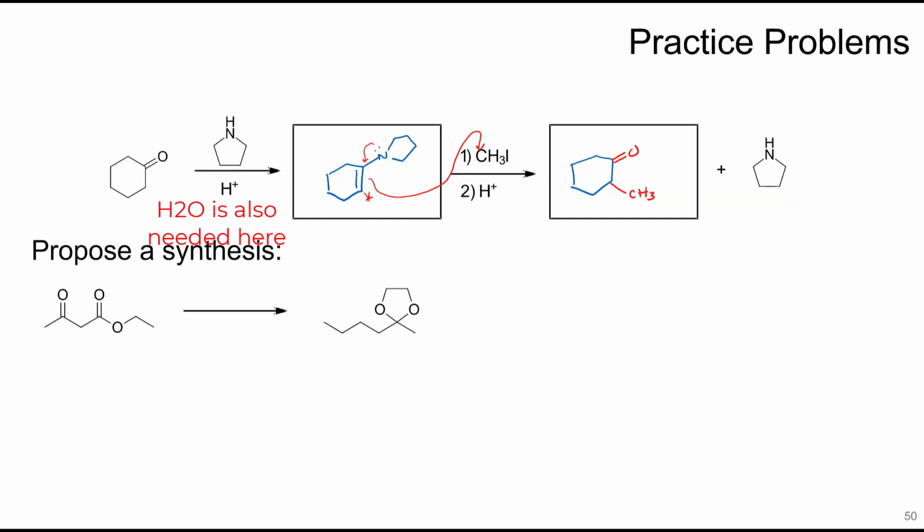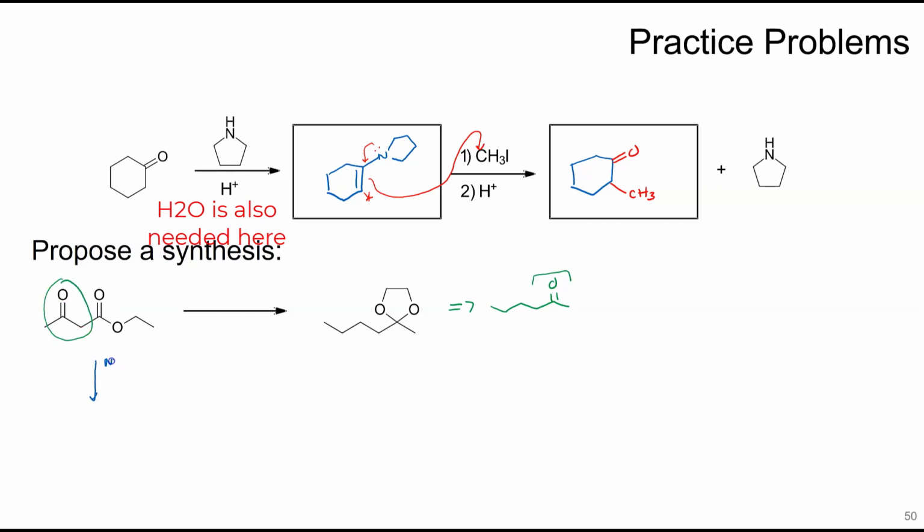All right, if we want to perform a synthesis here, if I look at what is going on, if I do a retro here, this had to have come from this. So I need to add carbons. This one is a little bit trickier to see, admittedly. We have an ester here. We're going to do a malonic ester synthesis. So I have this, which probably came from here.